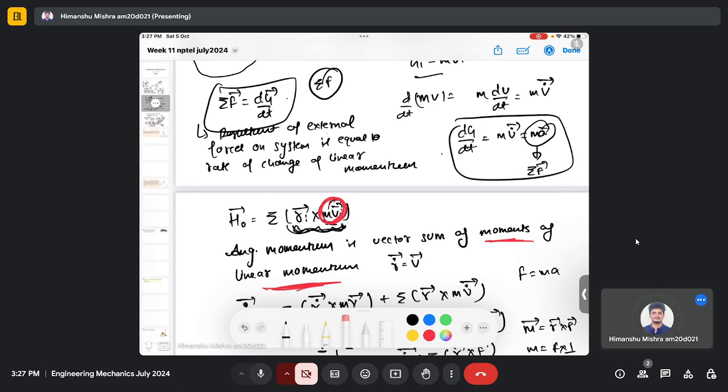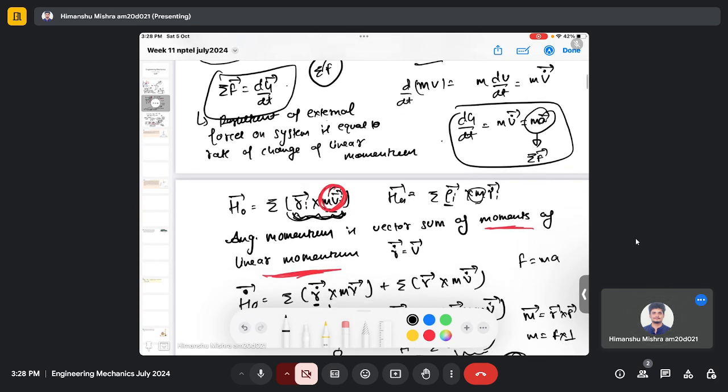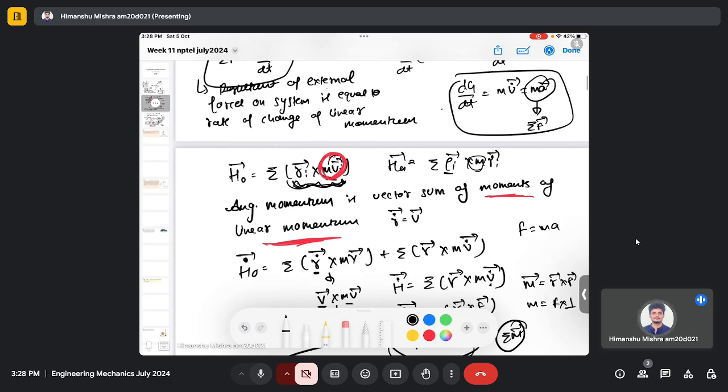So now, at the center of gravity, the moment expression is rho cross m r dot. So this is a position vector from the center of gravity to some point having the mass m. And if, let's say, there is a point P which is a random point, then how should we find the angular momentum?